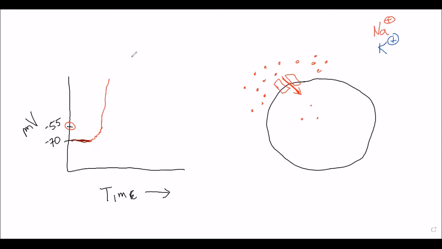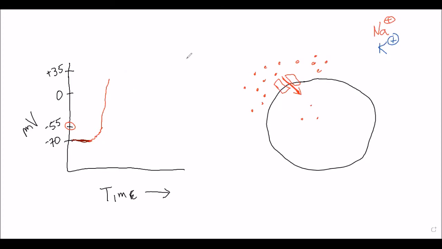It actually goes in so much that it passes 0 and goes to about positive 35. You'll see some books saying positive 30, other books saying positive 40. I'm using positive 35. On my exams, it'll be around that range. I'm not going to ask you positive 35 or positive 40.